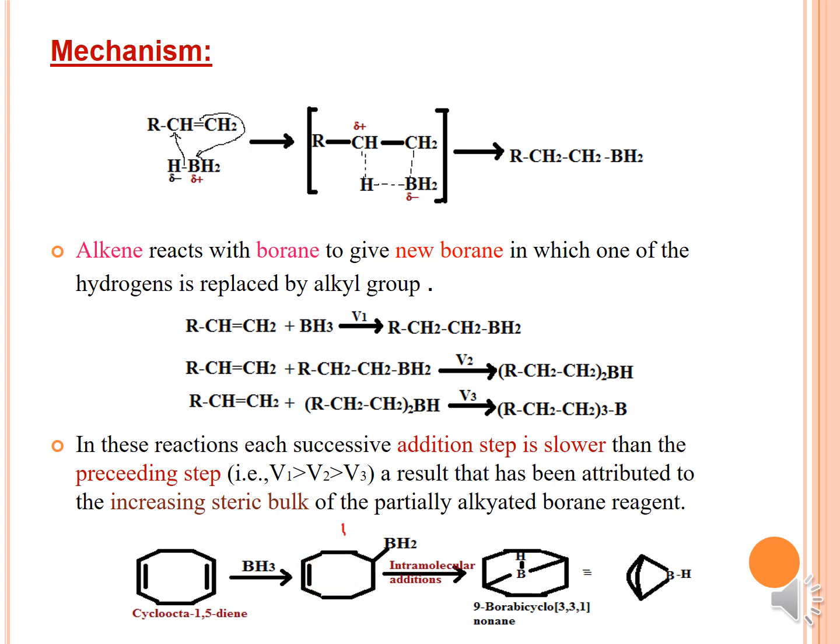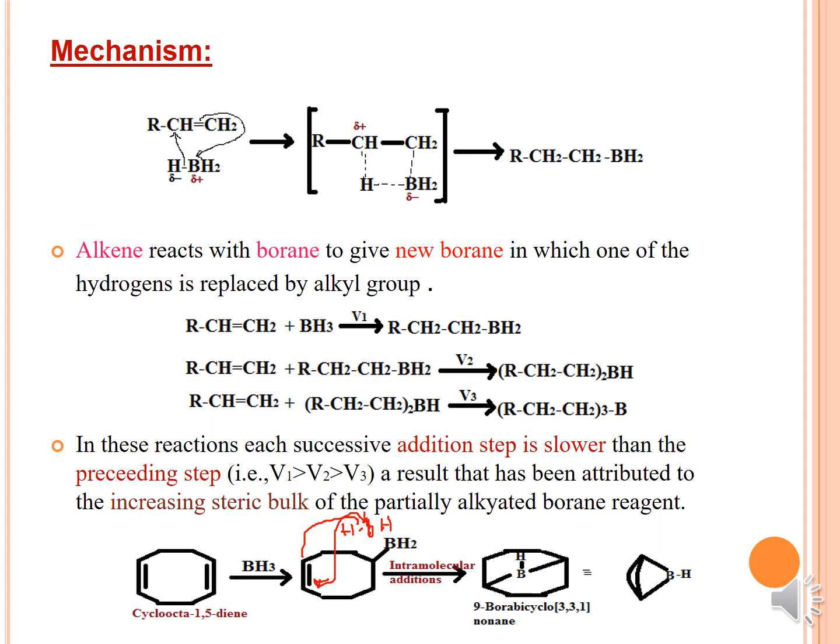If I have to show you here, this is your H and BH. So here, this one goes and attacks the carbon atom of your alkene, and similarly this carbon atom of your alkene, this bond will go and attack your boron.